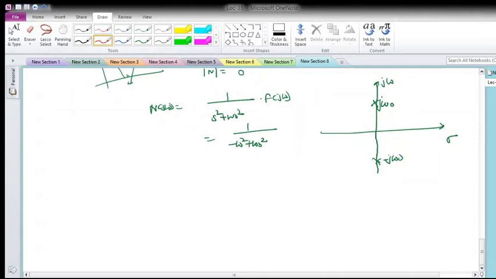So what is the angle contribution? Suppose I take a point here. When omega is less than omega naught, this angle is minus 90 degrees and this angle is plus 90 degrees, so the angle contribution is 0 degrees.